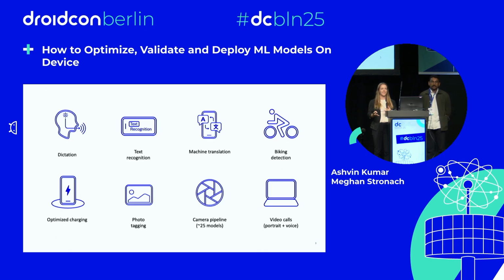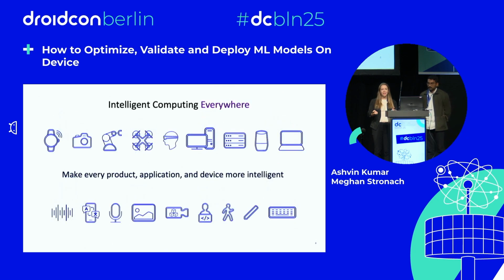So I'm sure you've seen lots of different ML experiences, but we want to make it easier for you to bring those into your application without it being complicated. So not only experience ML in your everyday life, but also develop it yourself and bring it onto the devices that you're looking to deploy to.